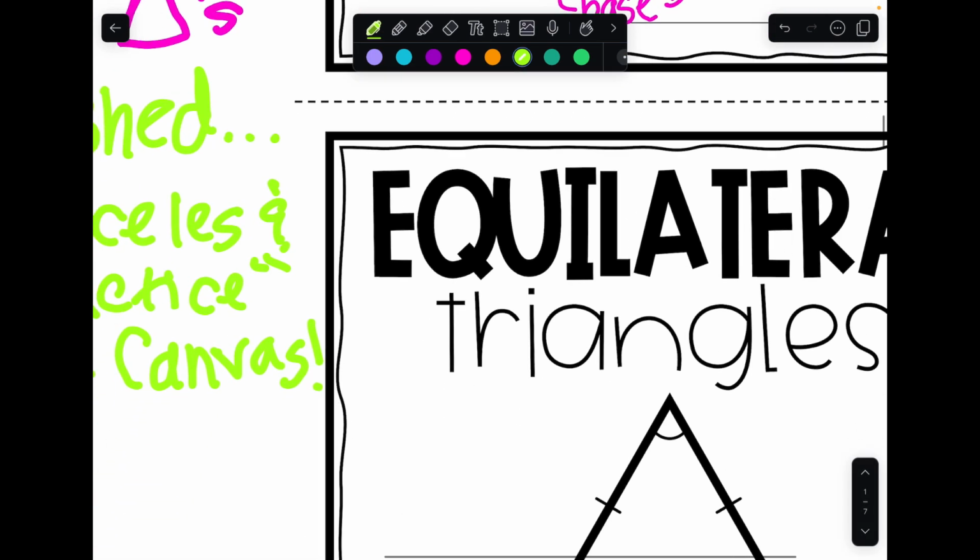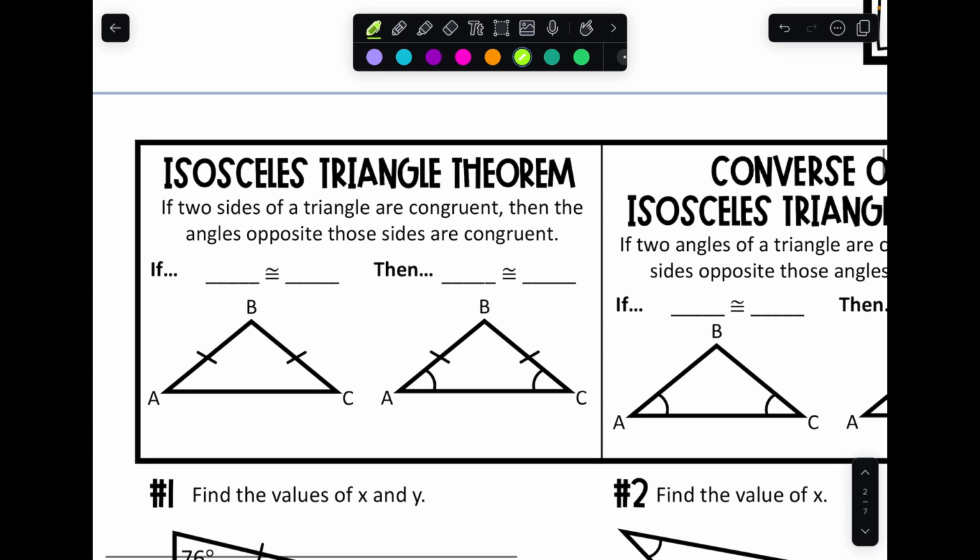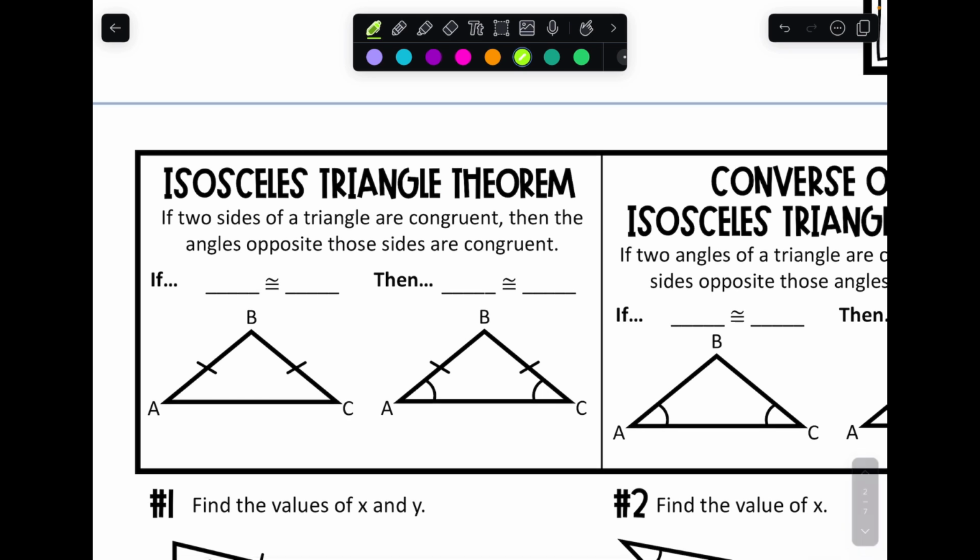All right, go ahead and open it up, and let's talk about some isosceles triangle theorems. So the isosceles triangle theorem says that if 2 sides of a triangle are congruent, all that's telling you is that that triangle is isosceles. So if a triangle is isosceles, then the angles opposite those sides are congruent.